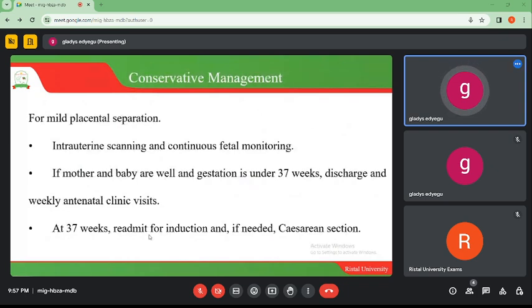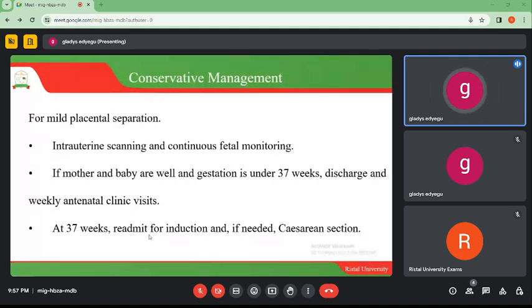Conservative management for mild placental separation. Intrauterine scanning and continuous fetal monitoring should be done. If the mother and the baby are well and gestation is under 37 weeks, then discharge and weekly antenatal clinic visits. So you can do an ultrasound scan and also continue doing fetal monitoring.